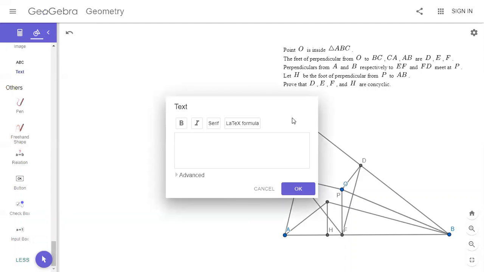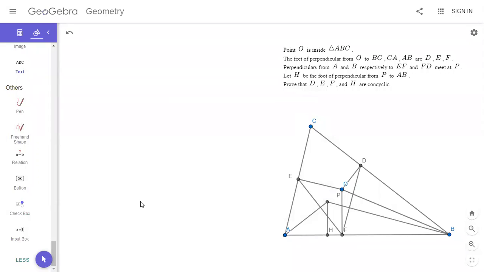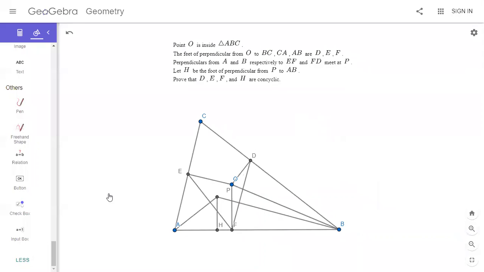We know that top point is C. Okay, so basically, oh, wait a sec. Now I'm not sure how obvious it is. I was thinking it was an angle chase, but I was thinking O is the circumcenter, but it's not. So I think it's an angle chase.